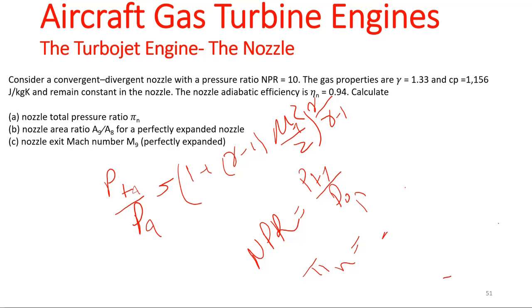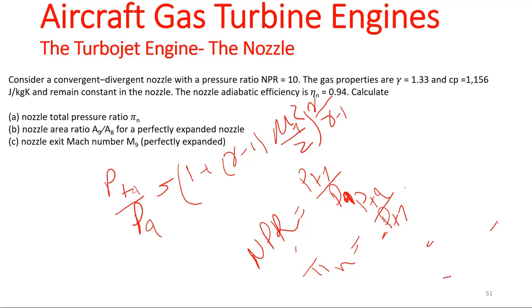Which is 7, right? And are we assuming that it is a perfectly expanded nozzle? Yes, so P0 and P9 are the same. So essentially NPR can be PT7 divided by P9, whereas P0 and P9 are the same.